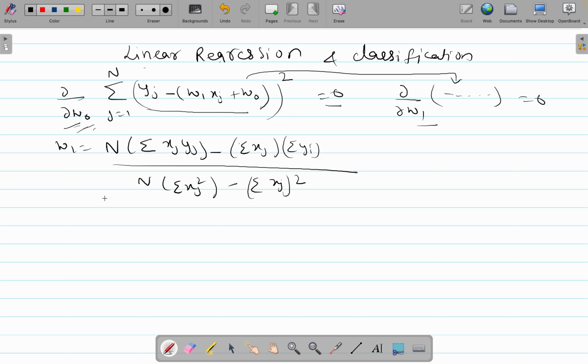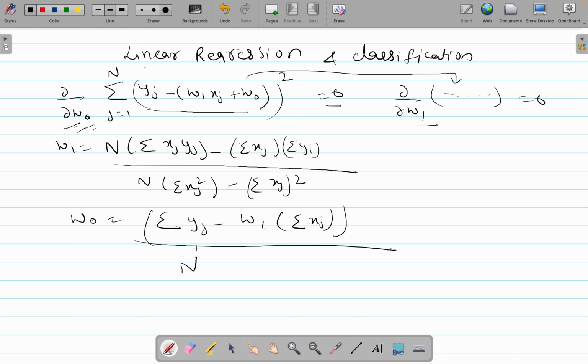Now we will have w0 as well. w0 will be given by sum of y_j minus w1 x_j, this whole divided by n. So this is what we have got, and this is what we are supposed to find always.